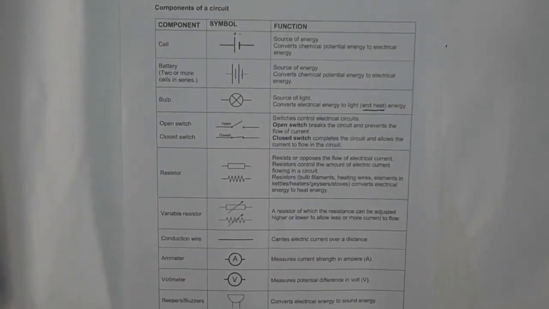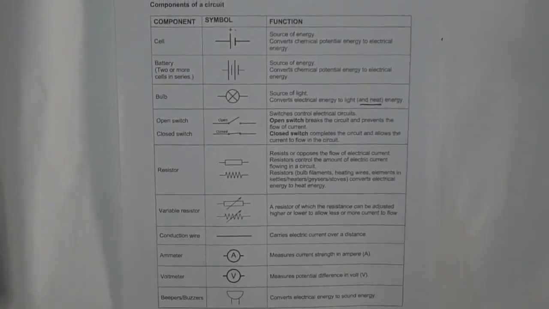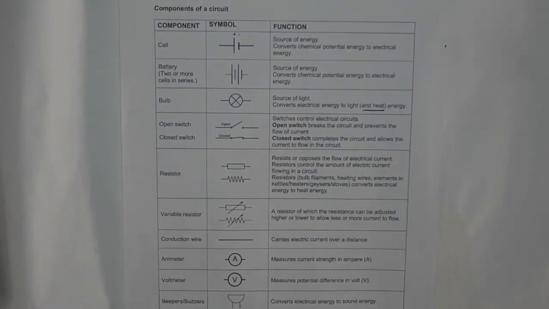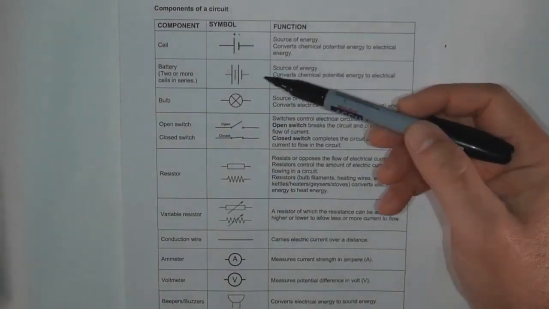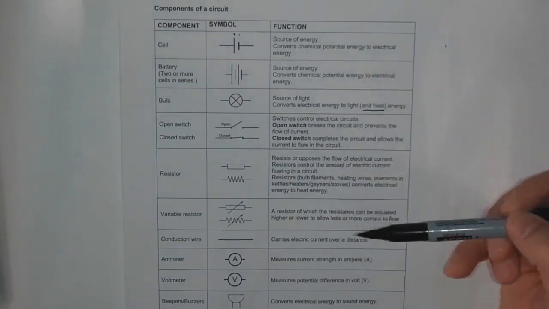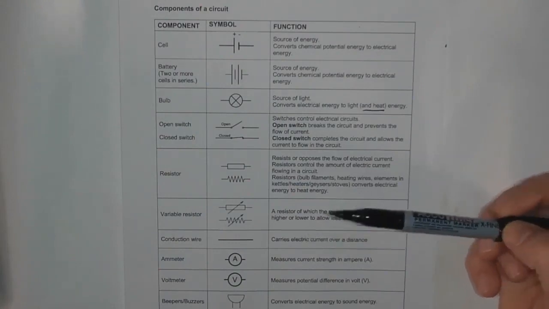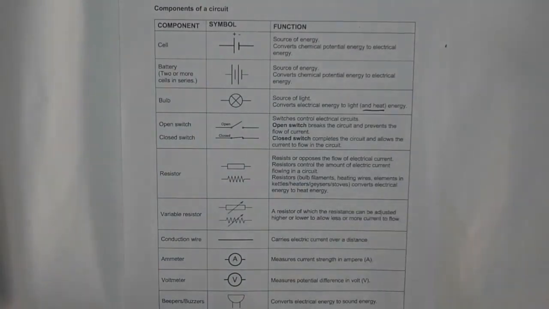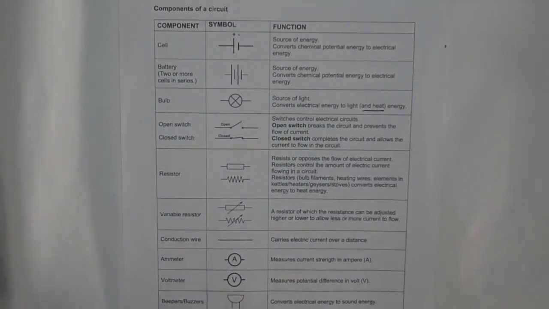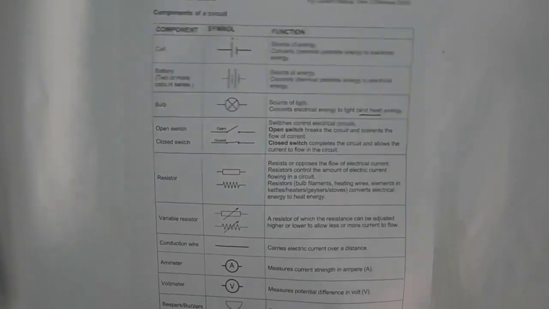And in your subject guide, which I think all of you received, on page 57, there is this very nice table with all the different electrical circuit symbols together with the function. So it's very important for you to study all these symbols and the functions before you go further, or before you go and draw the circuit diagrams. I'm going to put this away.